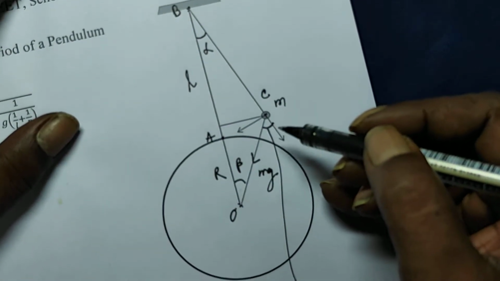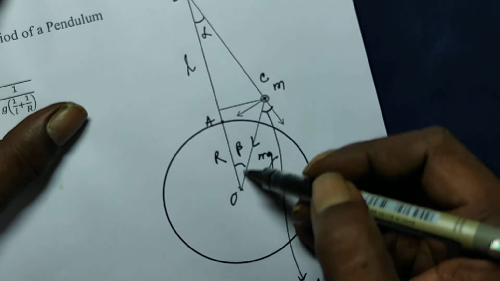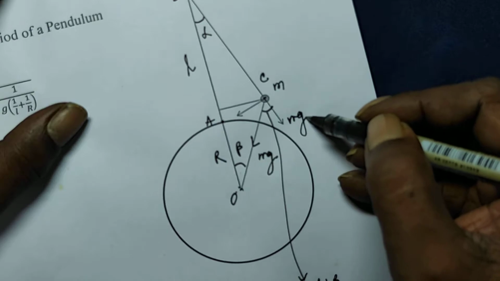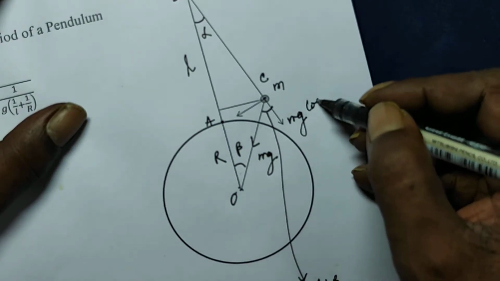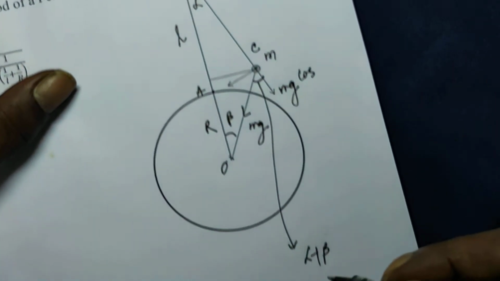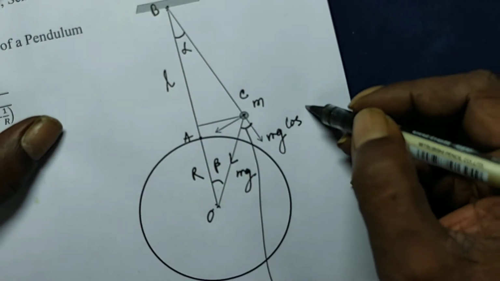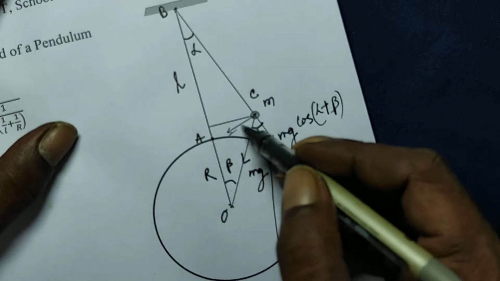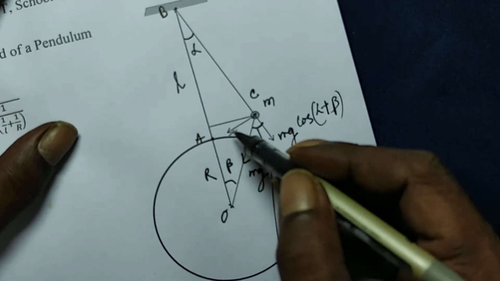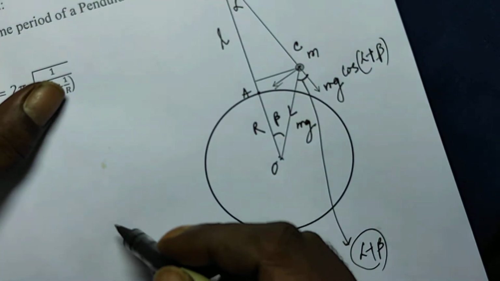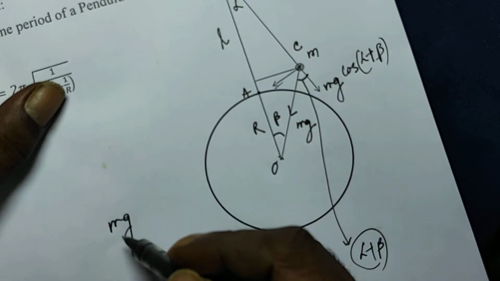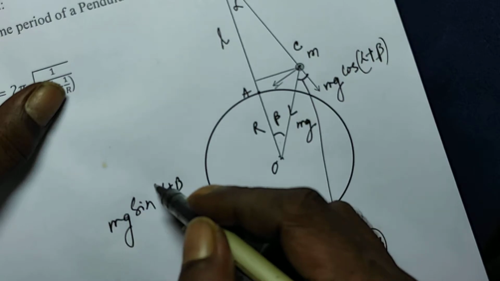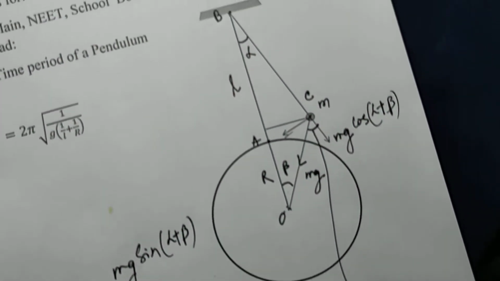Now, which component of the force mg will be to this side? It will be mg times cos of the angle alpha plus beta. And this component, I am writing it here, will be mg times sine of alpha plus beta. This is very simple.